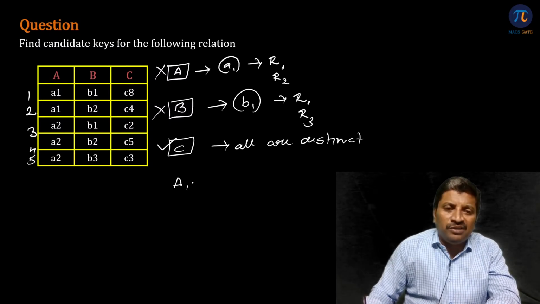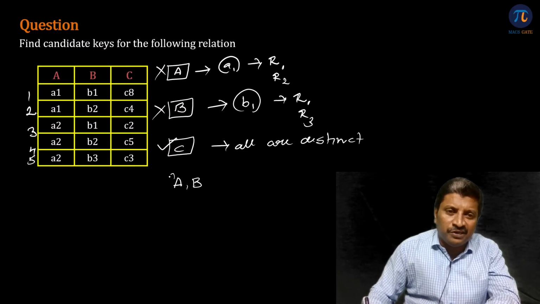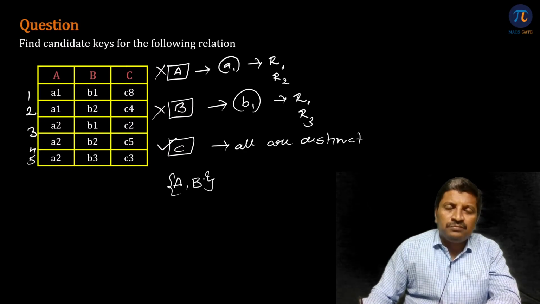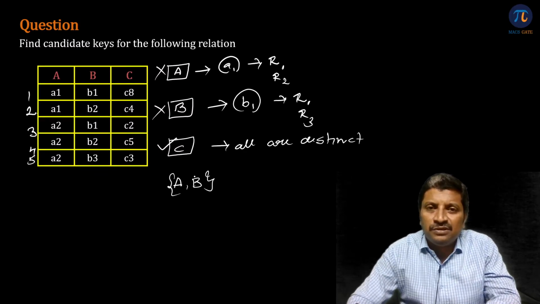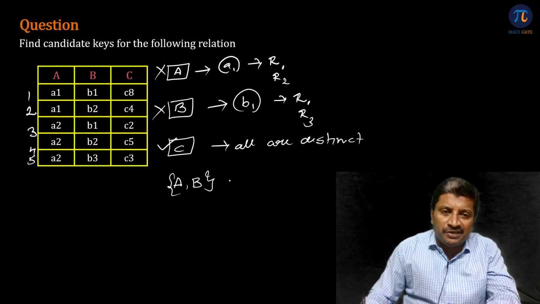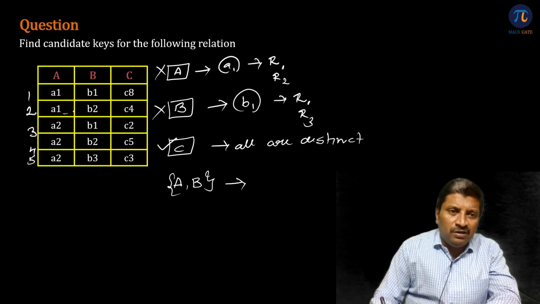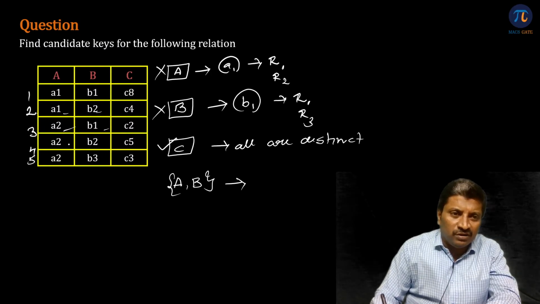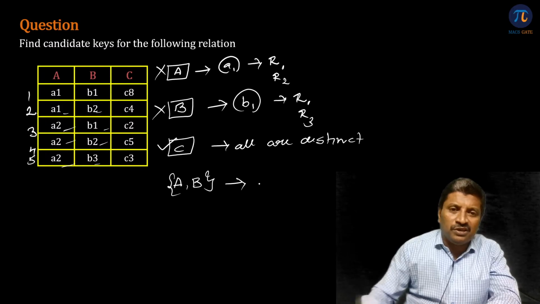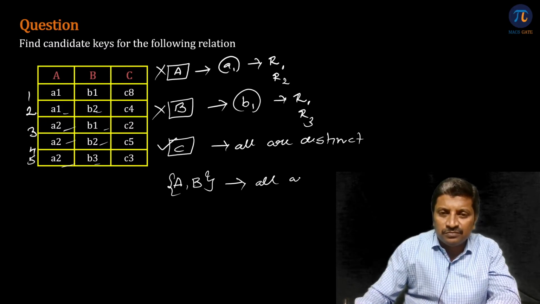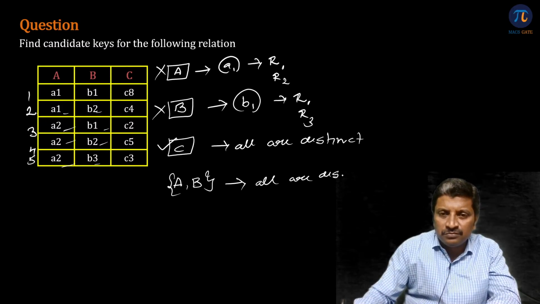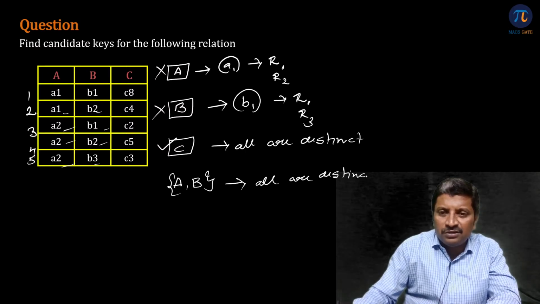Then can you try with AB, sir? Yes, of course, we can try it, because none of them individually is a candidate key. If I consider the pairs A1 B1, A1 B2, A2 B1, A2 B2, A2 B3, all are distinct.